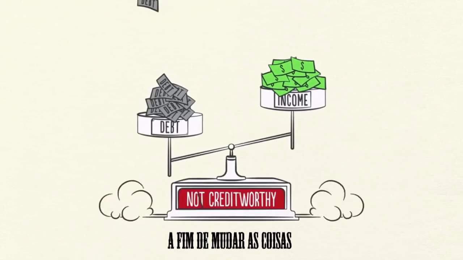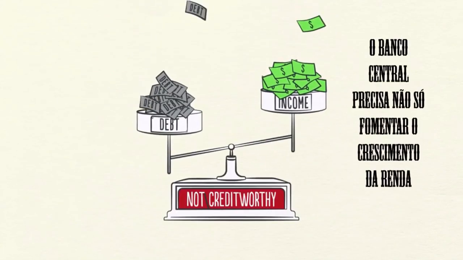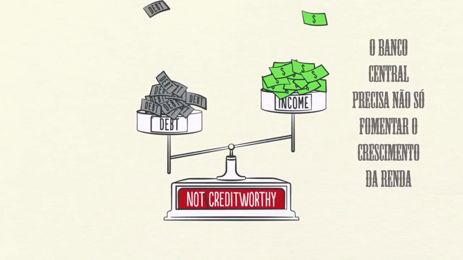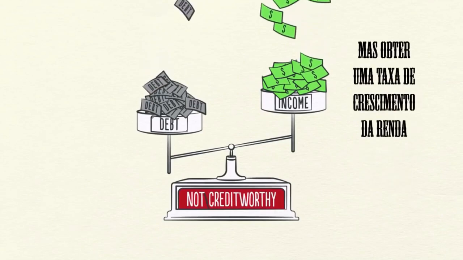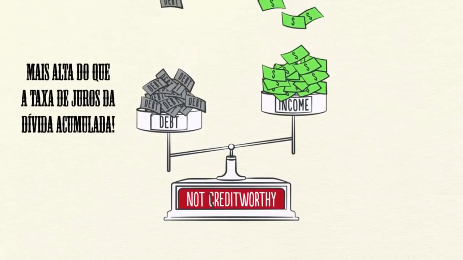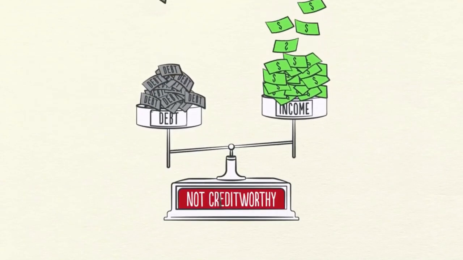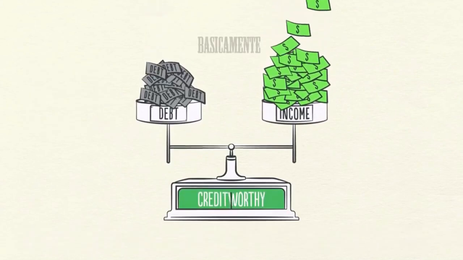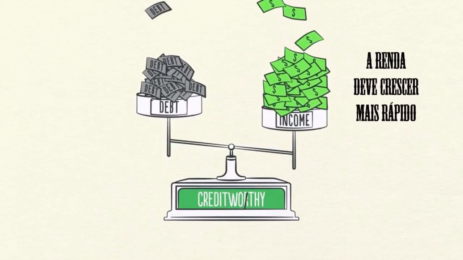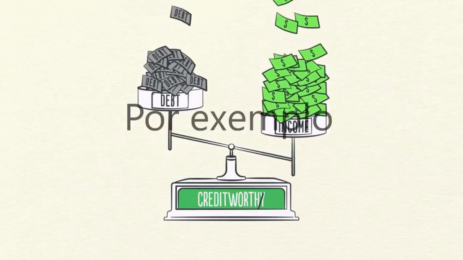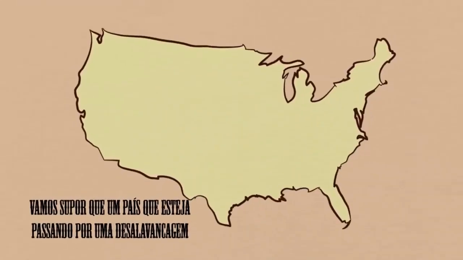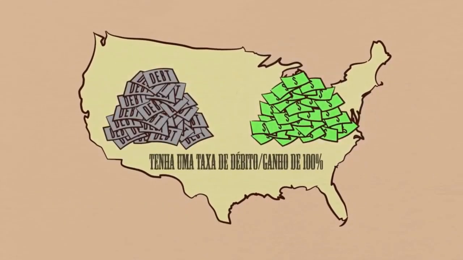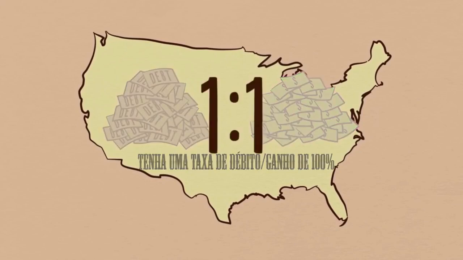In order to turn things around, the central bank needs to not only pump up income growth, but get the rate of income growth higher than the rate of interest on the accumulated debt. So what do I mean by that? Basically, income needs to grow faster than debt grows. For example, let's assume that a country going through a deleveraging has a debt-to-income ratio of 100%.